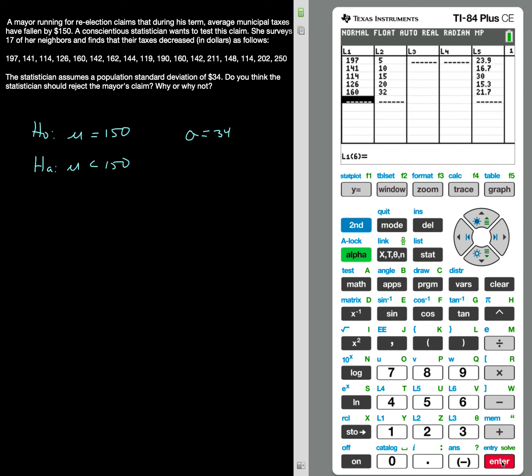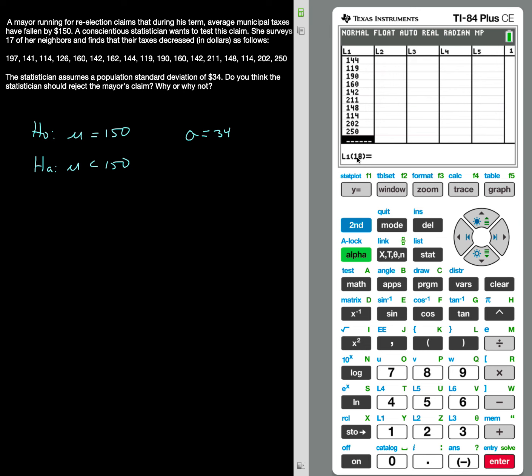You can fast forward, whatever you need to do. 160, 142, 162, 144, I'm going as fast as I can, 119, 190, 160, 142, right, we're gonna go through this process, 211, 148, don't mix up your numbers, 114, 202, and 250. Okay, now I'm just going to quickly check and make sure.